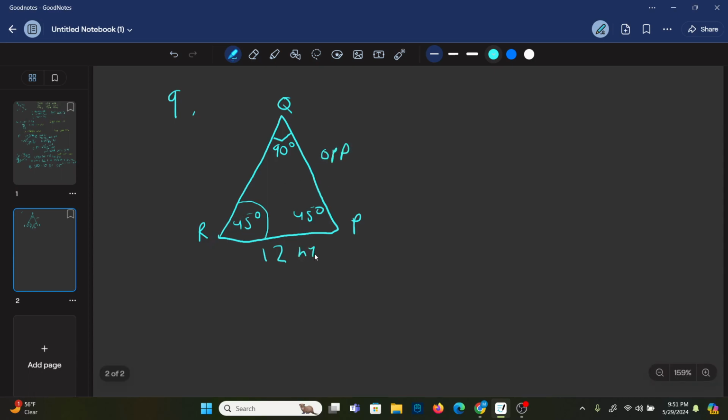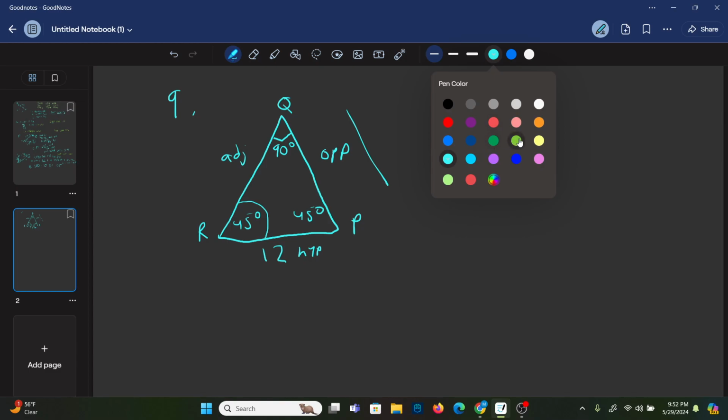This would be hypotenuse because it's opposite of the right angle, and this would be adjacent. And so let's solve for this side right now. To solve for this side, we would need the opposite, and we already have the hypotenuse.